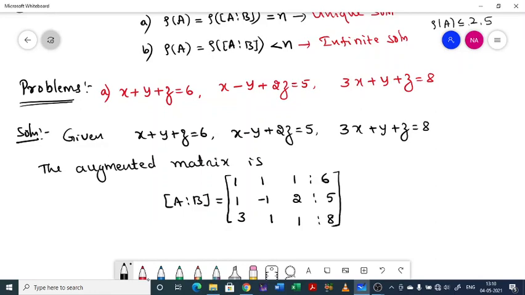So this is the augmented matrix. Okay, now we need to reduce. You see, we just concentrate on this part. What is this?